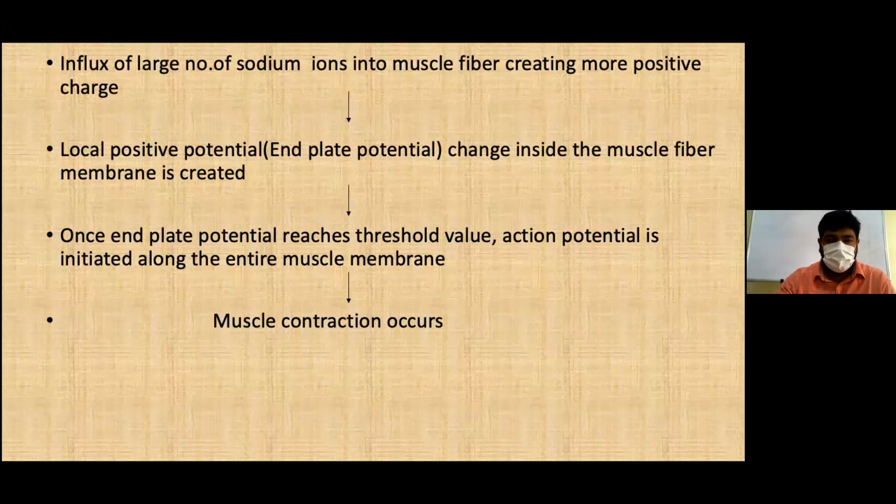So a local positive potential is created inside the muscle fiber. Once this potential reaches the threshold value, an action potential is generated along the muscle membrane and causes muscle contraction.